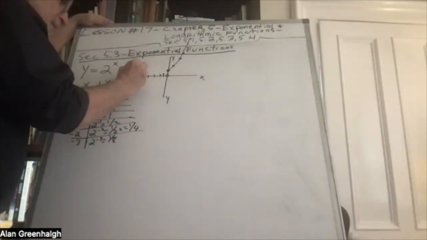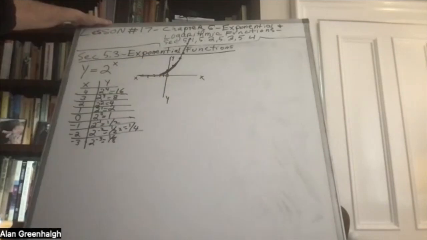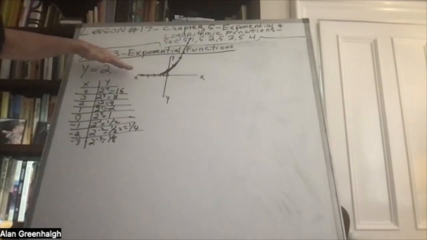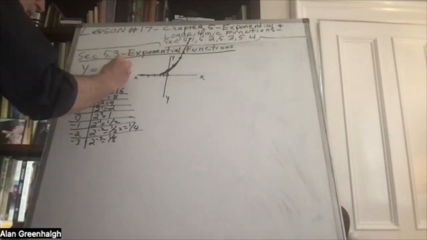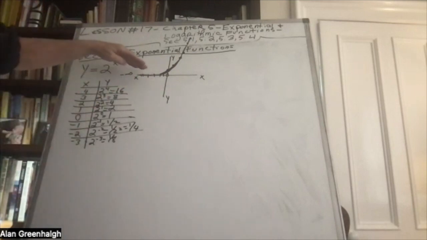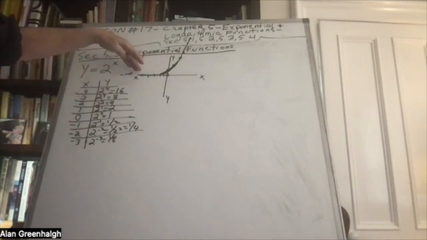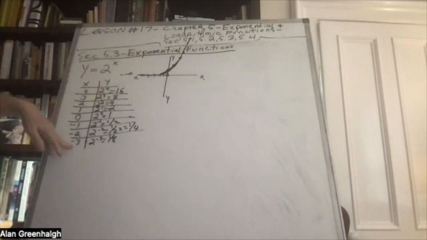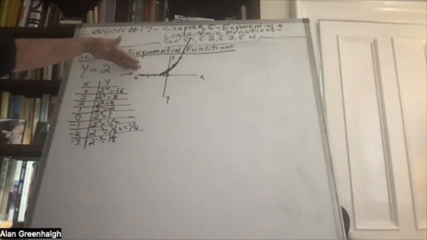And as you increase x in the negative direction, the y's get very, very small. This is what it looks like. In other words, it sort of floats along the x-axis towards negative infinity, going very, very slowly. As the values of x get very, very negative, the values of y get very, very small.